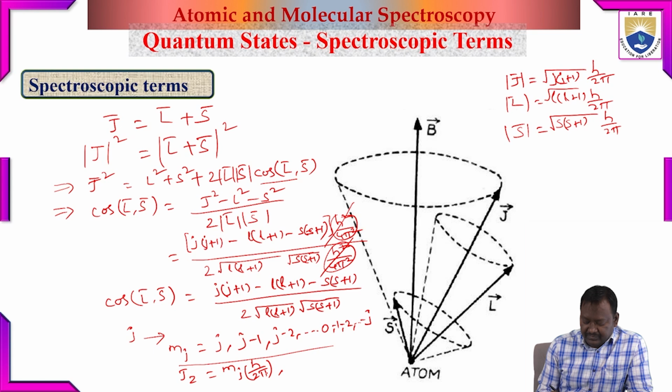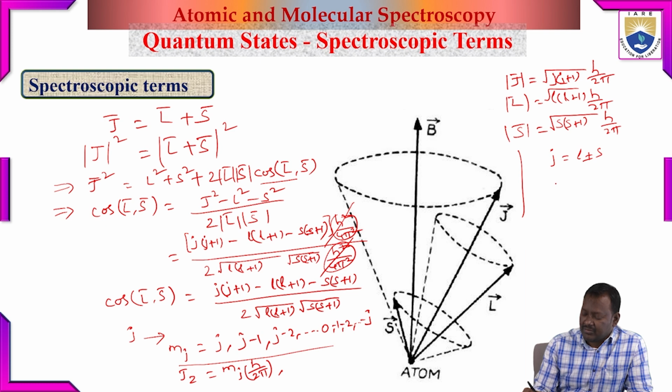And again, we can also notice that the J value must be equal to L plus or minus S. Here in general, S can have the value 1/2.